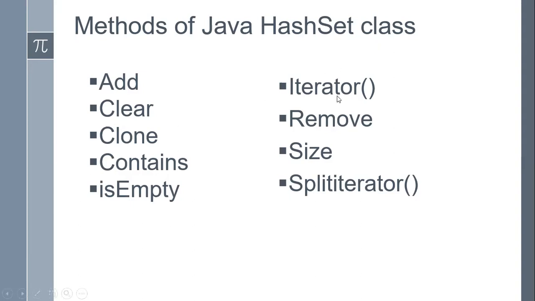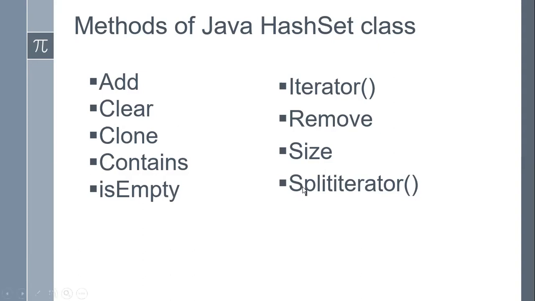Iterator is used to return an iterator over the elements in this set. The remove method is used to remove the specified element from the set if it is present. Next is size. This method is used to return the number of elements in the set.